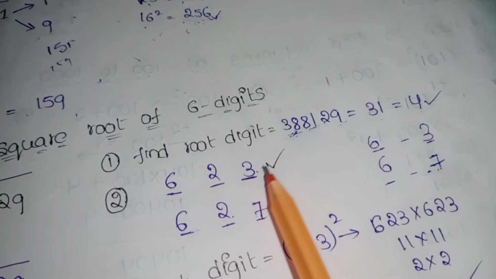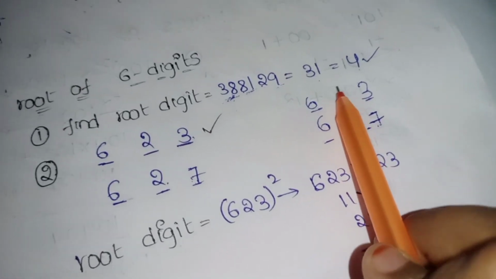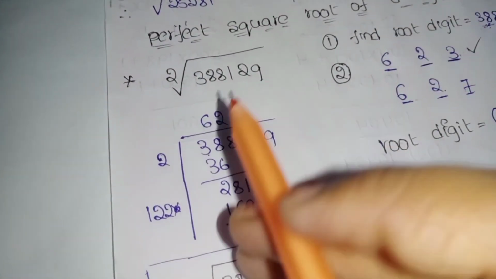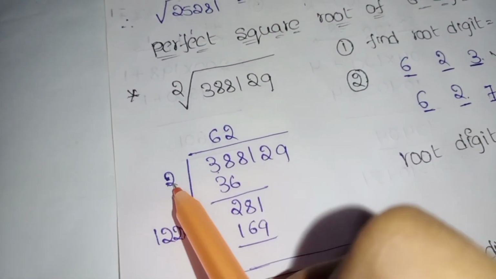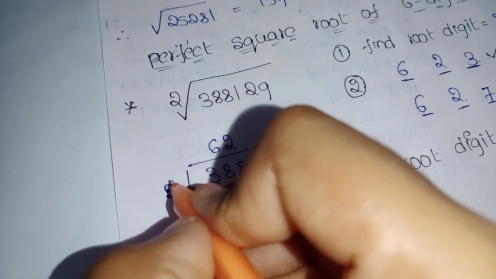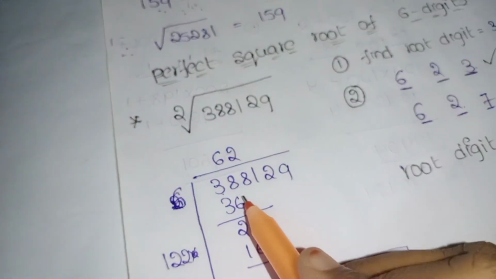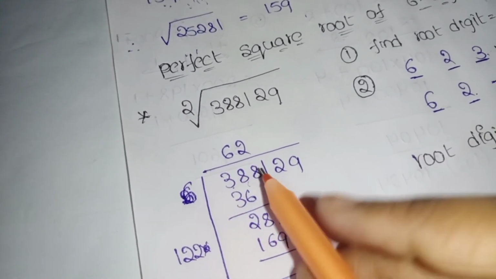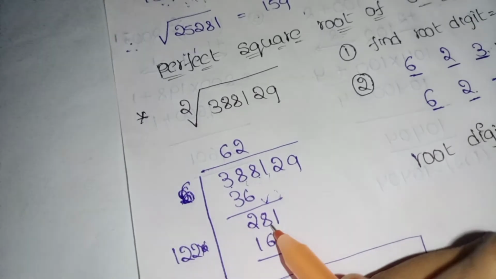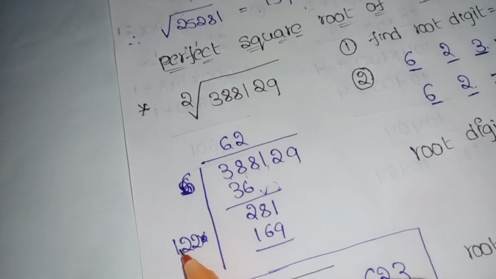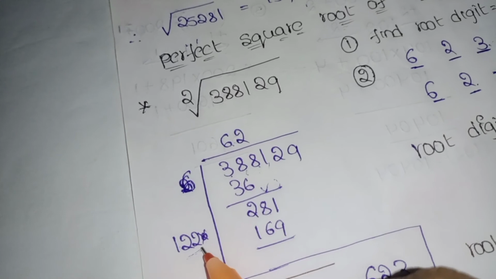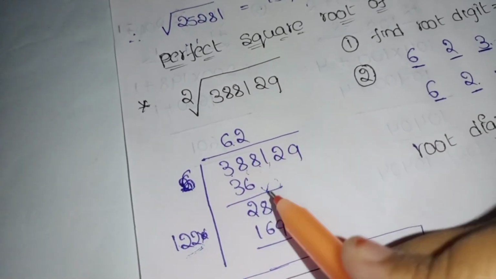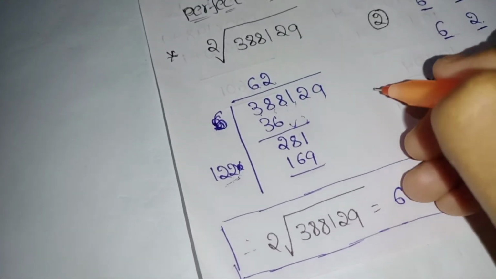The last number is 3. How to find the middle number? For the middle number, we have to do the traditional method. First take 6, because 6 is near 36. 6 times 6 is 36. Subtract 36, and write down the next pair, 81, giving 281. Double the 6 to get 12.